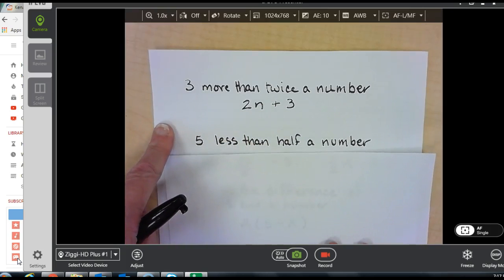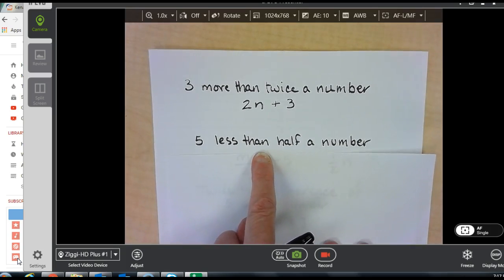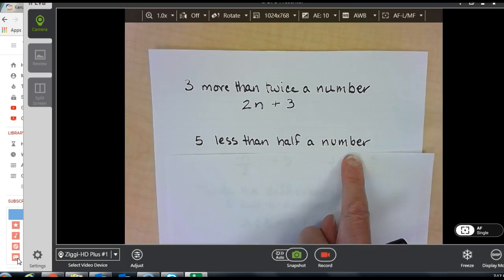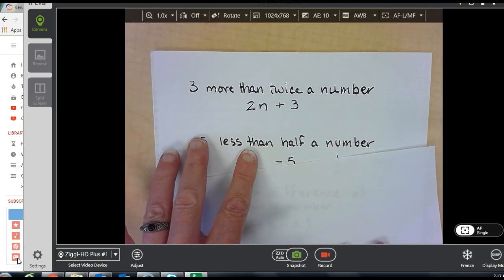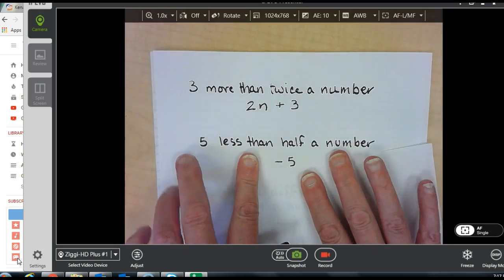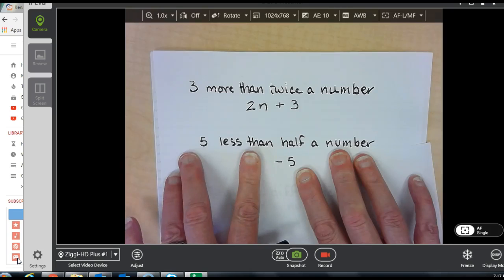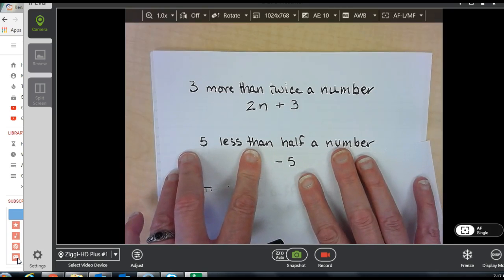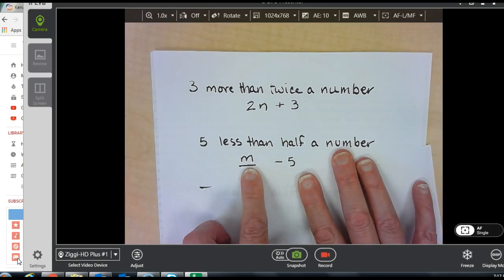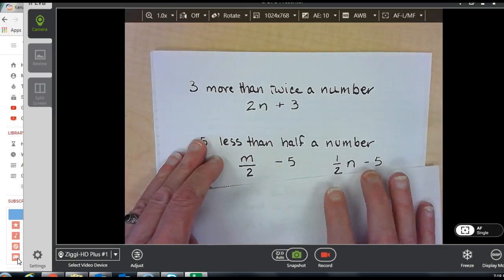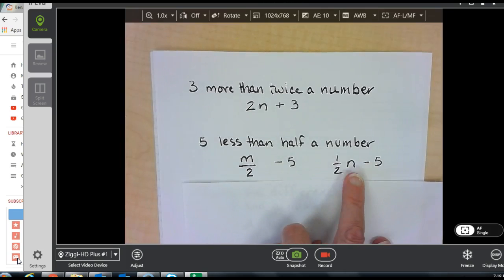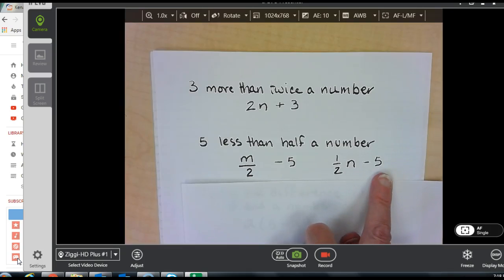So if you have 5 less than, that means you're subtracting 5 from something, and the something you're subtracting it from is half a number. So I start by writing the minus 5, and then the number that you are subtracting the 5 from is half, so you can write m divided by 2, or you could take half the number, 1/2 times n minus 5.